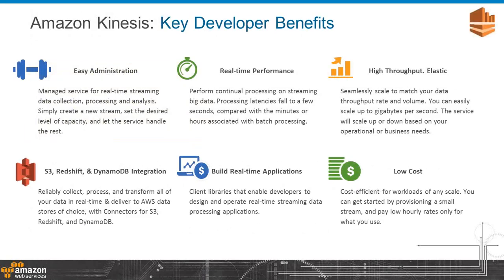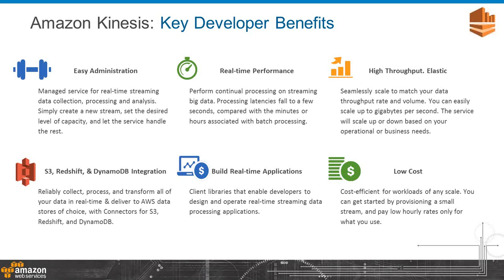Just a quick summary now of what we've learned about Amazon Kinesis' top benefits. First and foremost, it is really easy to get started with a real-time streaming data collection service that enables real-time processing. The service helps move big data processing from minutes or hours of end-to-end latency to one of a few seconds.